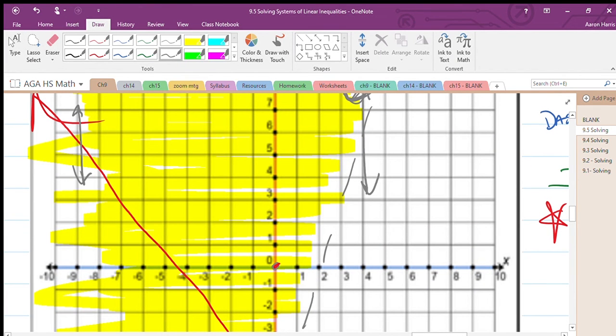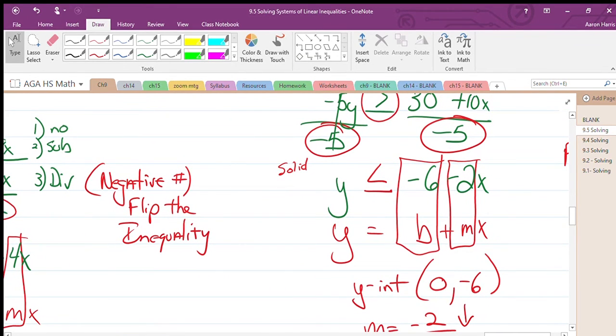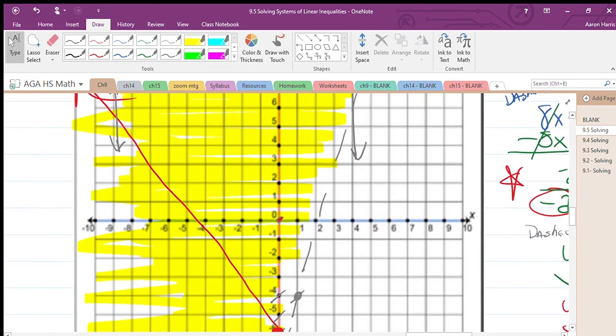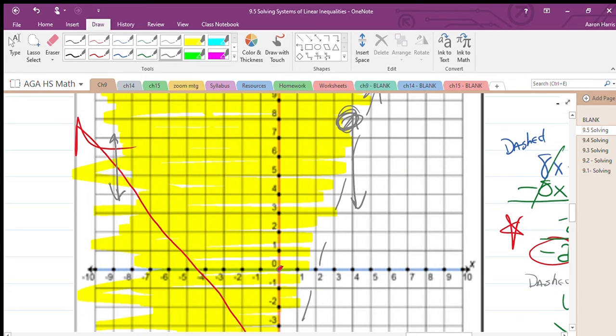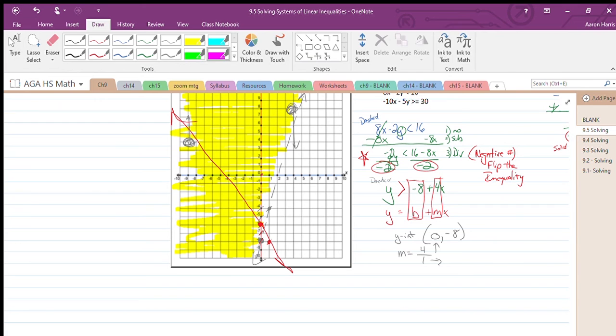our vertical line. Now, let's go back to the problem. What inequality are we looking for? Less than or equal to. So, which one is it? Top or bottom? It's the bottom. So now I shade everything below this line.